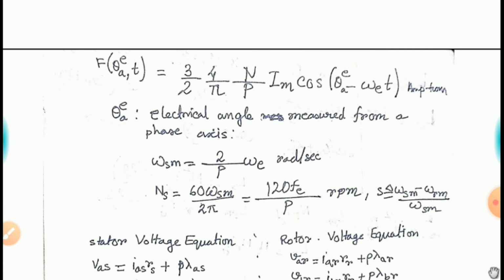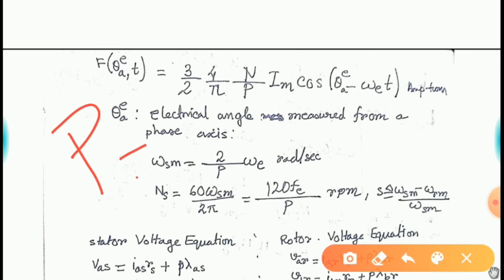You cannot observe or measure this speed from the outside, but inside, your electromagnetic field, your MMF, is rotating at a speed of omega sm, that is 2 by capital P times omega e. This capital P is the number of poles.